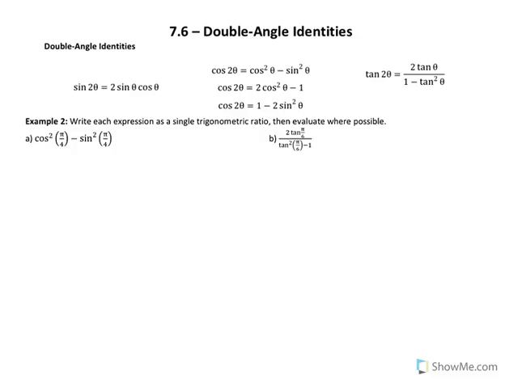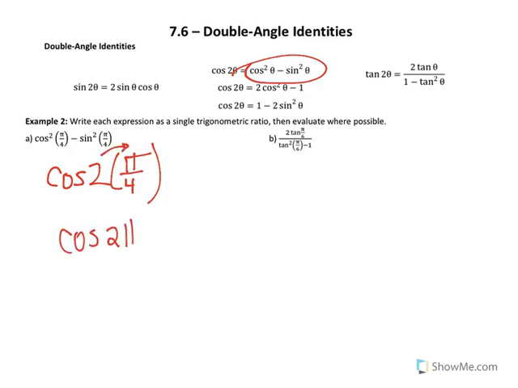Alright, next one. We have cos squared of pi over 4 minus sine squared of pi over 4. I can see that we have a cos squared theta minus a sine squared theta. So that's going to turn into cos 2 theta, and our theta is pi over 4. So we have cos of 2 times pi over 4, which is cos of pi over 2.